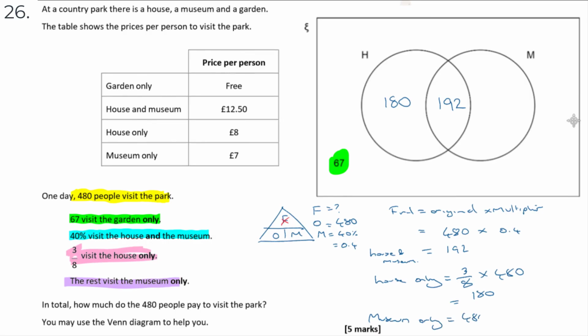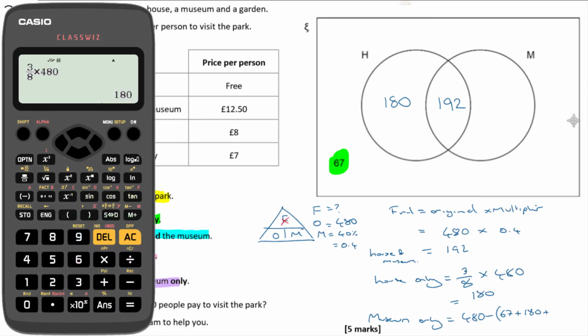It's going to be 480, which is everyone, minus the other three areas, so 67, 180, and 192. What's that come to? So 480 minus 67 plus 180 plus 192. Doesn't leave that many, does it? It leaves 41. 41 are museum only, so that goes in there.